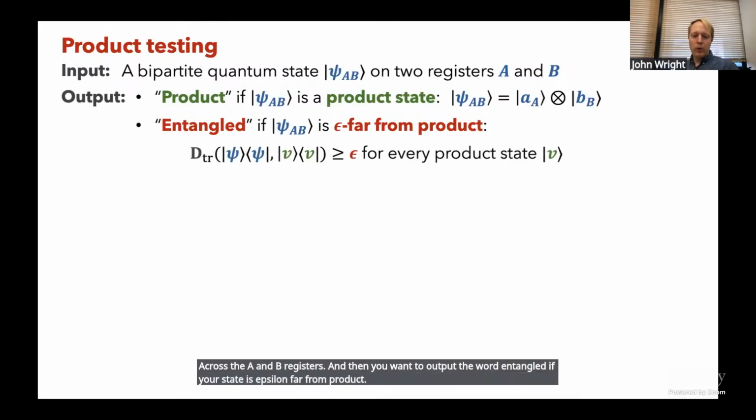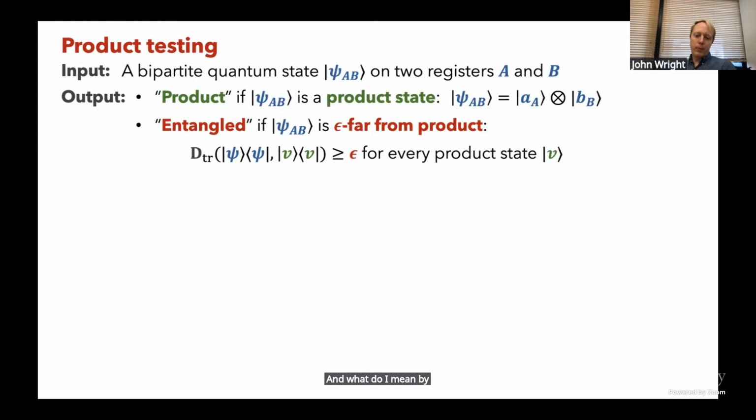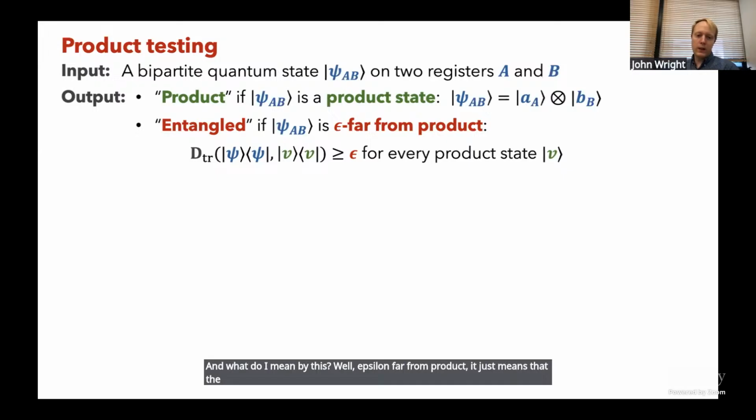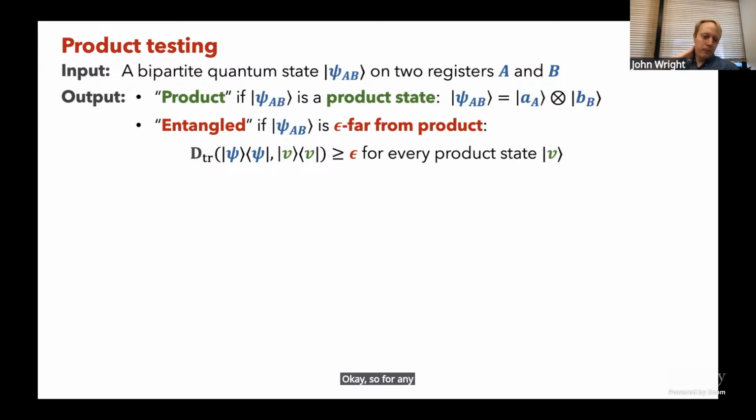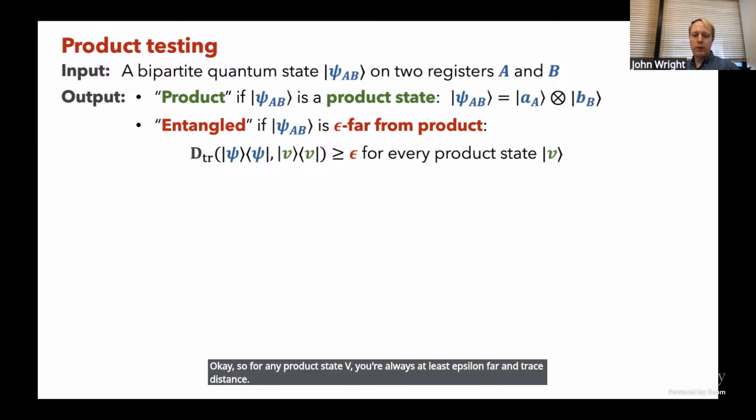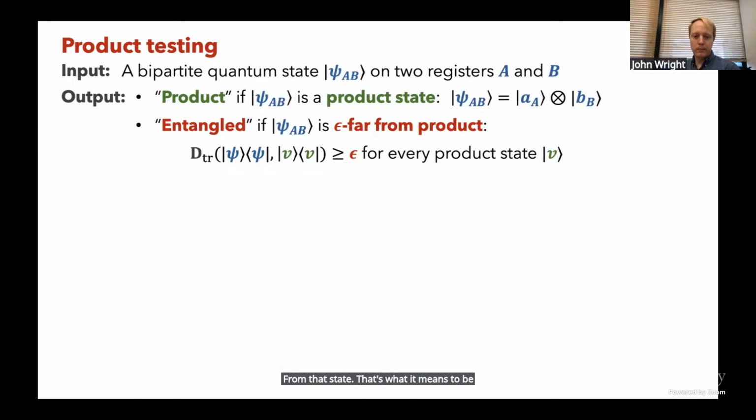What do I mean by this? Epsilon far from product means that the trace distance between your state psi and any product state V is at least epsilon. So for any product state V, you're always at least epsilon far in trace distance from that state.